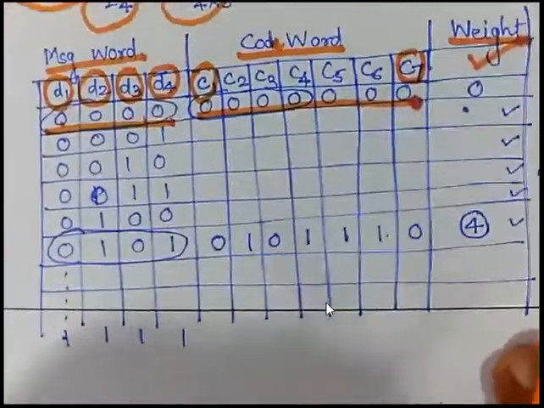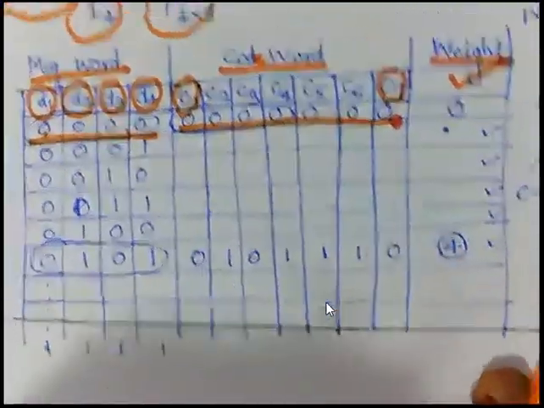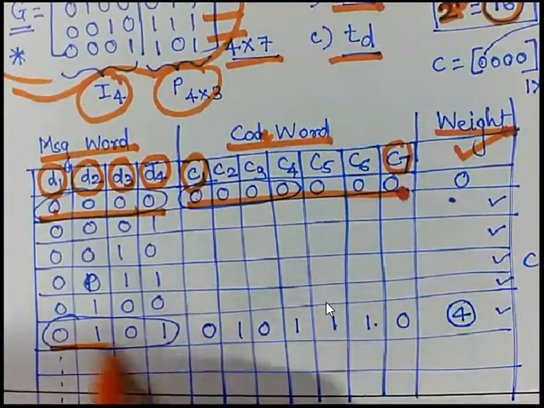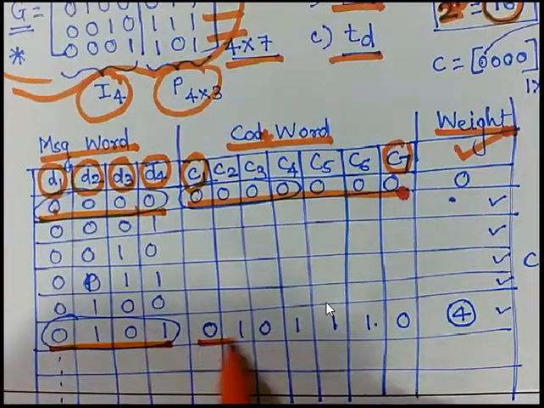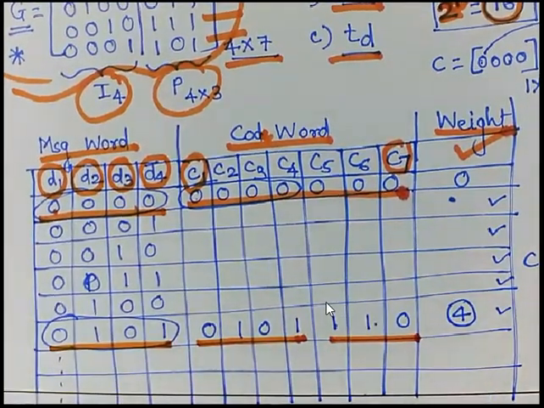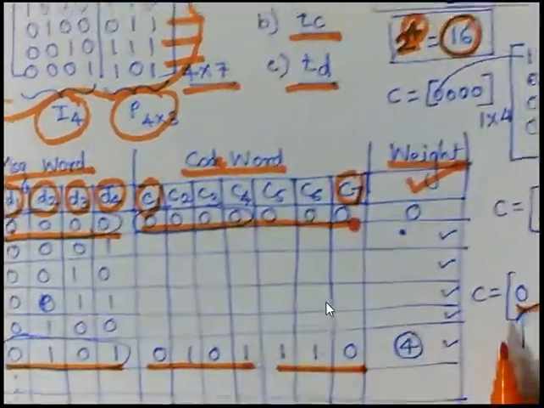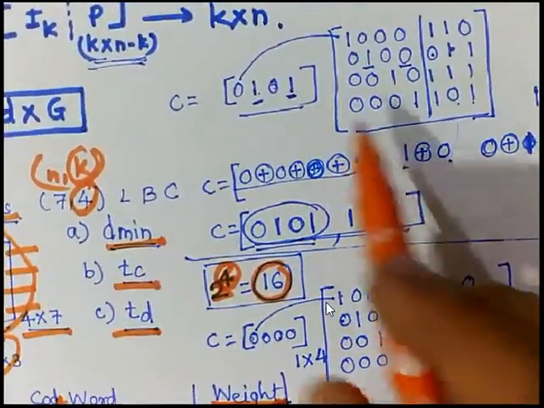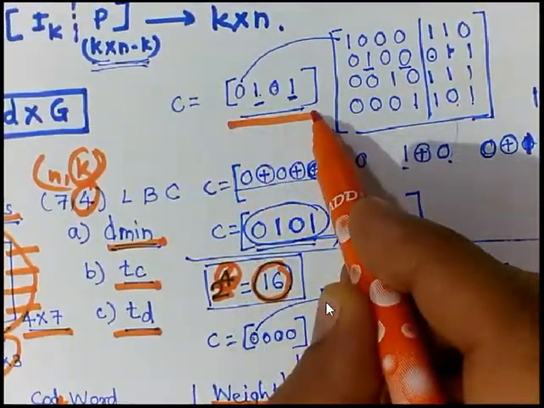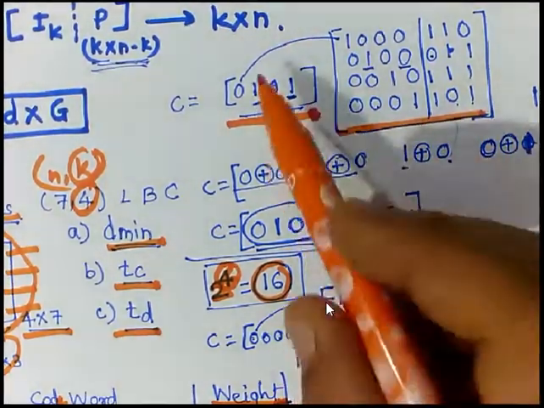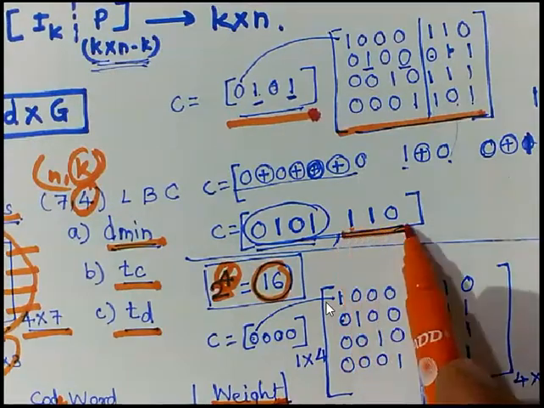Similarly, we considered one random case out of the total 16 possible combinations, that is 0101, where 0101 and 110, these are the three parity bits or redundant bits, which we got again with the expression C is equal to D into G. So this is the D right now for our case. D into G, after performing the XOR addition, gives us 110.